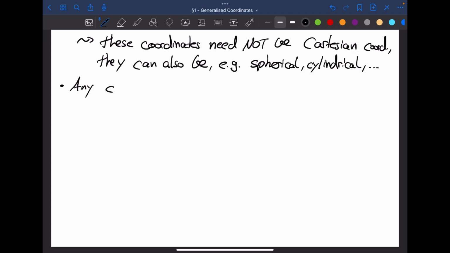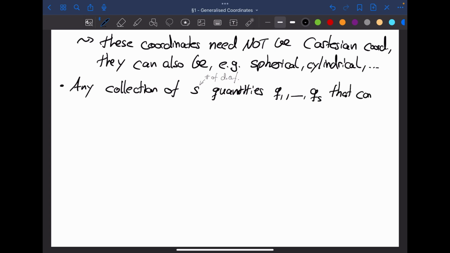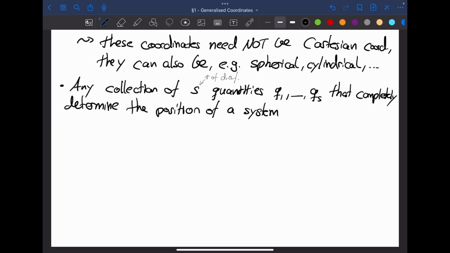So in this spirit, any collection of S quantities, where S is the number of degrees of freedom, so in these quantities, let's call them q1 to qs, that completely determine the position of the system, are called generalized coordinates of that system.